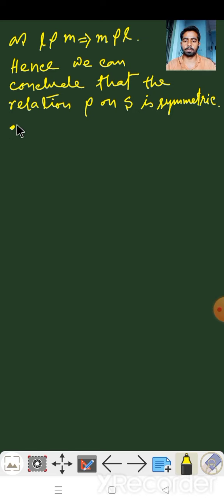Now we will check whether rho is transitive or not.